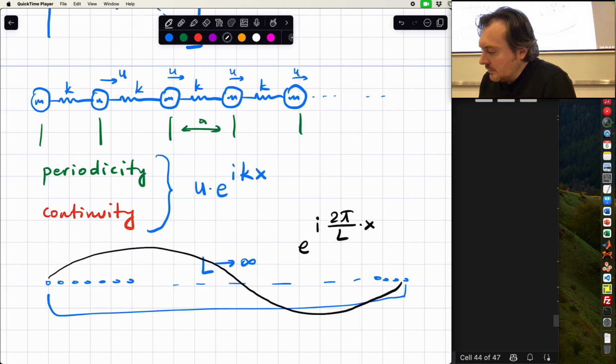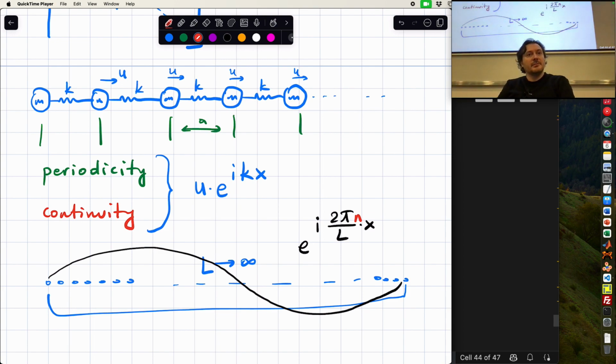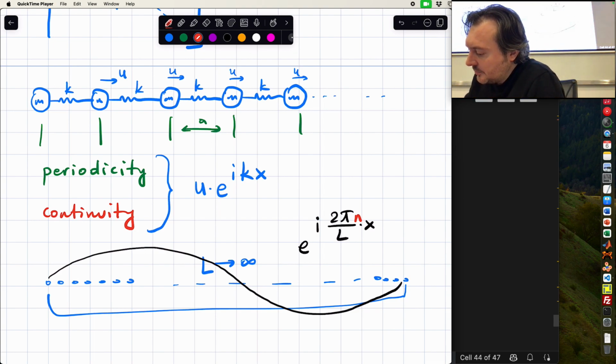Now, what kinds of different waves can we put on it? We actually can put any n here, 2 pi n over L times x, right? And remember, we can take L as big as we want, right? Hence, if you assume that L goes to infinity, this number is really small. L goes to infinity, this one goes to 0, right?